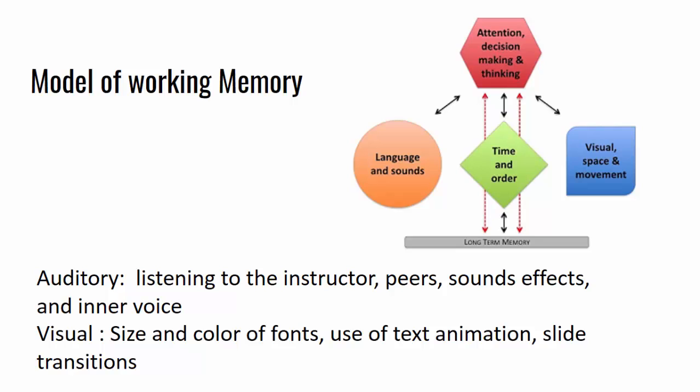The instructor is in the front of the class, the classmates are around them, and the PowerPoint itself is full of visual stimuli with text, fonts, color, slide transitioning, and any text animation. So in order to minimize the auditory and visual cues that are filling up the buffer and competing for the student's attention, we need to strip away distractions from the PowerPoint slides themselves.